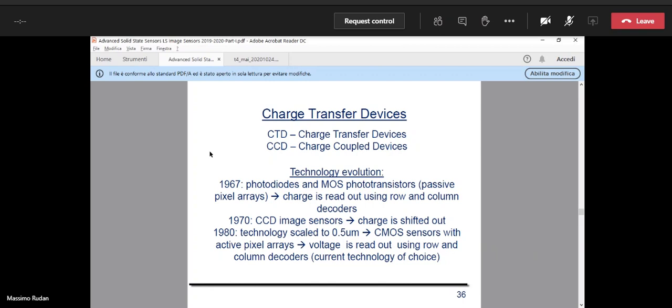You remember, we were reading with some device that was mimicked by a resistor. So if you manufacture an array of photo devices, you need one resistor per photo device. So you need many reading devices, more generally.